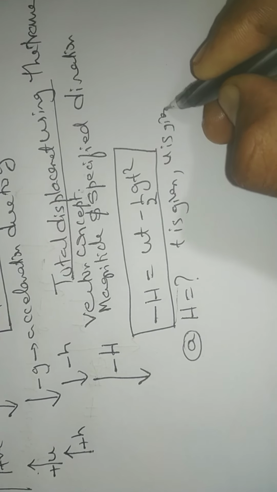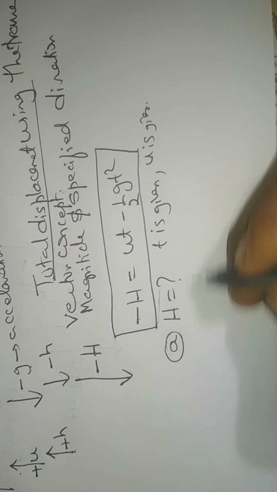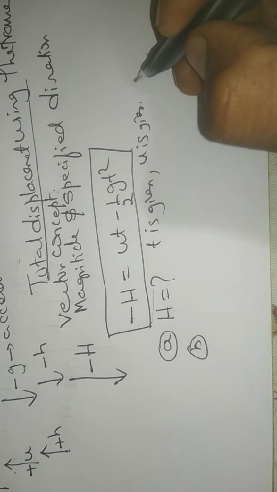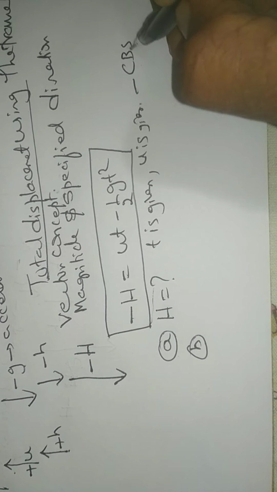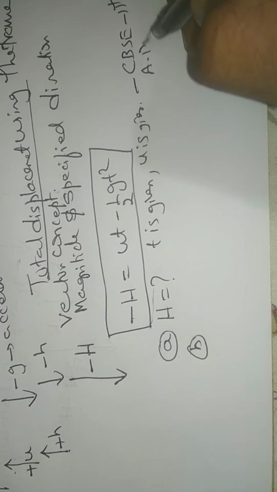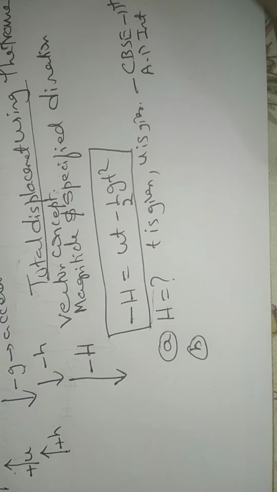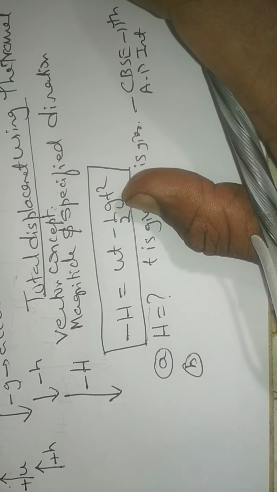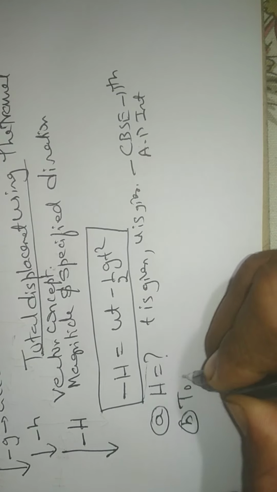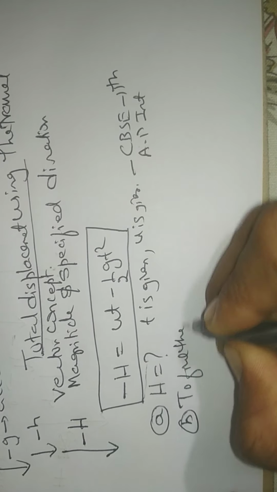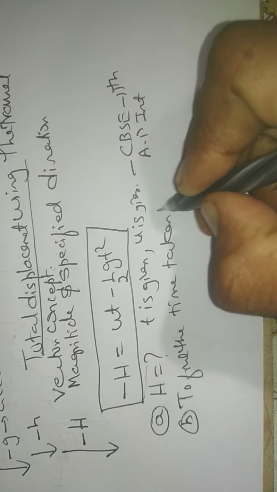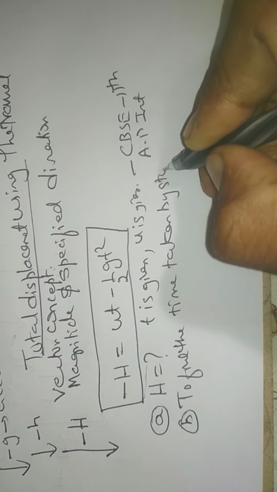That's in CBSE 11th and also AP intermediate, but it is not so important. The important part is to find the time taken by the stone to reach the ground.